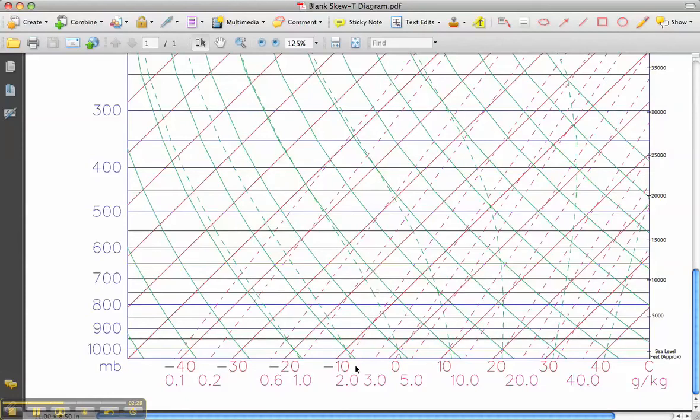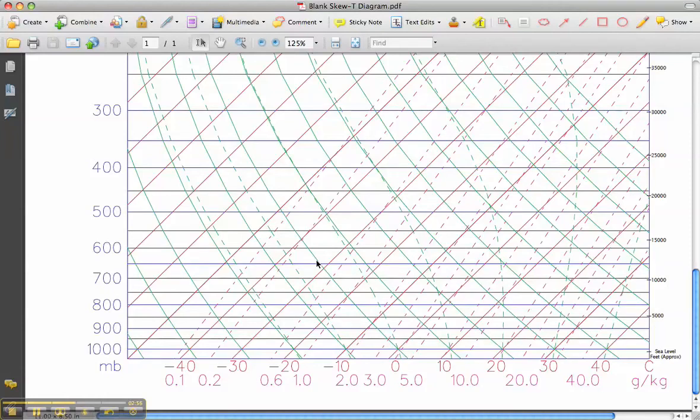So just so that you're aware, if you want to color code this to help you out, the isotherms, lines of equal temperature, are the solid red lines. The dry adiabats, which is where a dry air parcel follows, that's these green ones, this green line that's moving from lower right to upper left.